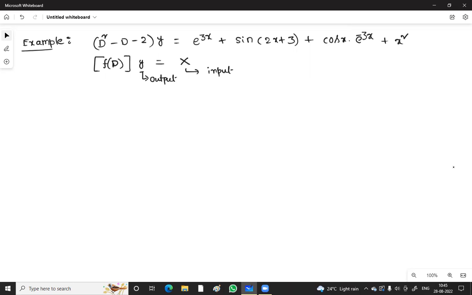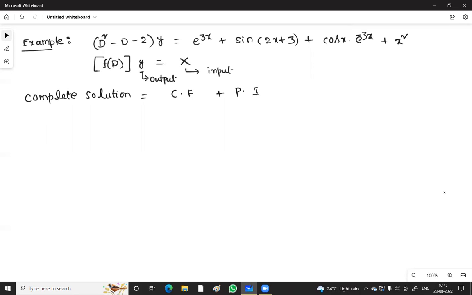Now your solution is small y, only in terms of small x, because your input is in terms of small x only. So the complete solution is equal to complementary function plus particular integral.